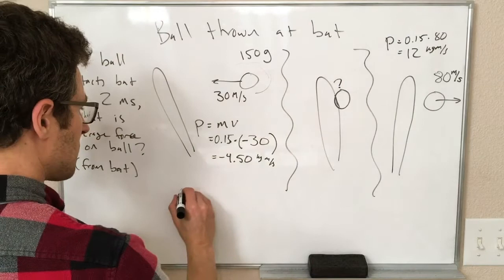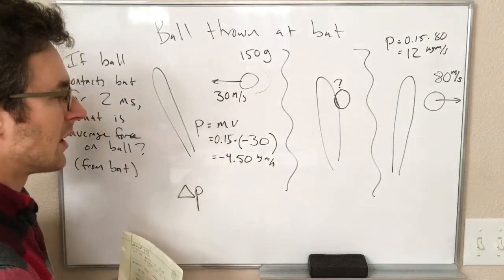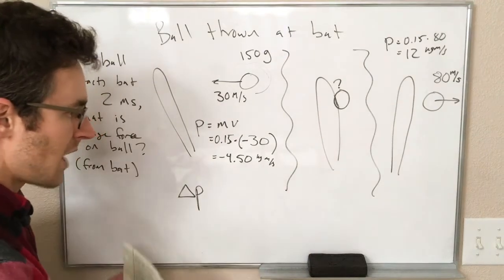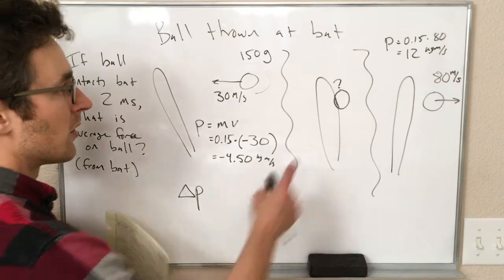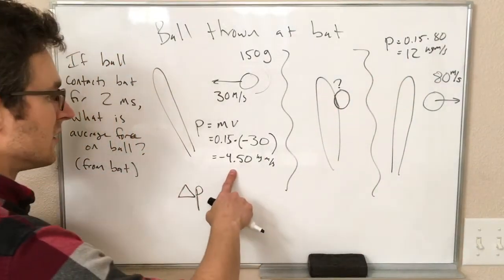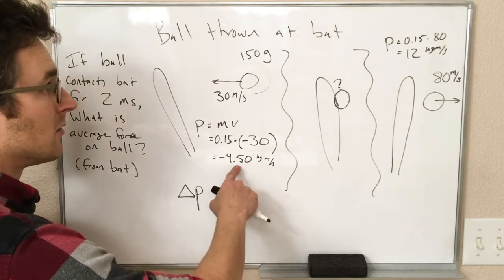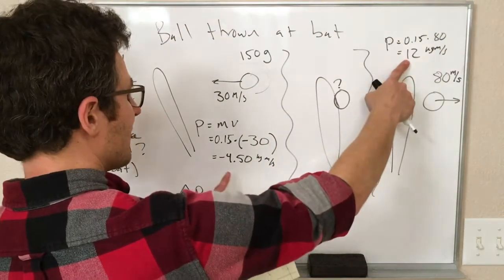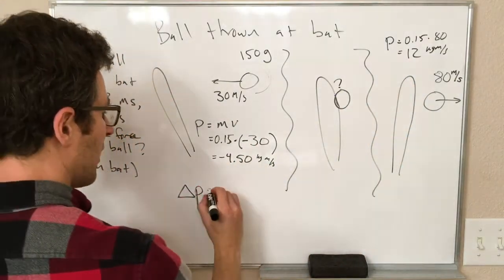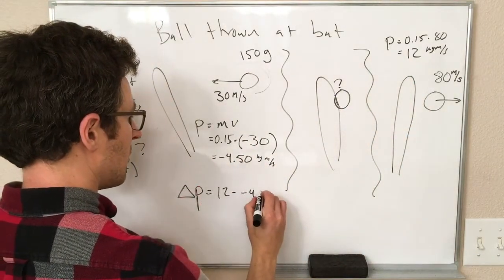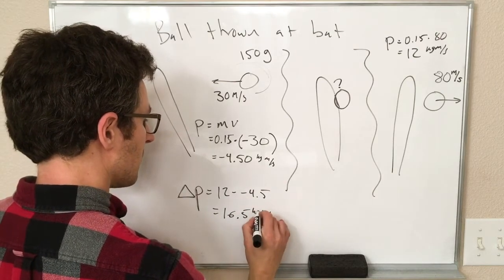So delta P, and this is where, when I do this problem asking students about it, one common mistake is delta P. They want to say 12 minus 4.5 is 7.5, but that's not right. The difference between these, 12 and minus 4.5, is 12 minus minus 4.5, which is 16.5 kilogram meters per second.